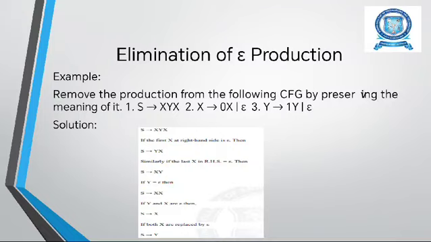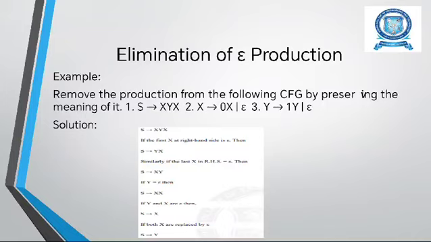Example: remove the epsilon production from the following CFG by preserving the meaning of it. S tends to XYX, X tends to 0X epsilon, Y tends to 1Y epsilon. The solution will be S tends to XYX. If the first X on the right hand side is epsilon, then S tends to YX.